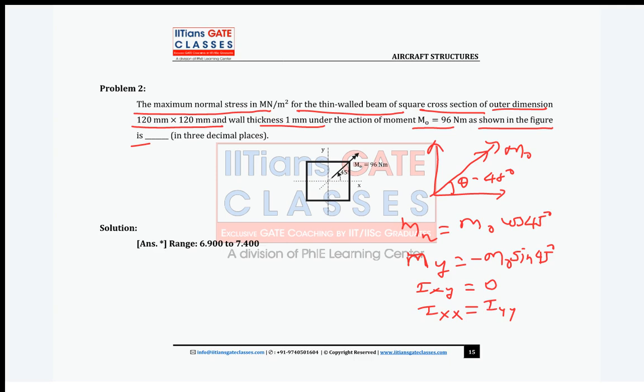Now guys, in this question they ask for the maximum normal stress. So where is the maximum normal stress? What we have discussed, this lies at the furthest point from the neutral axis. Yes or no, guys?